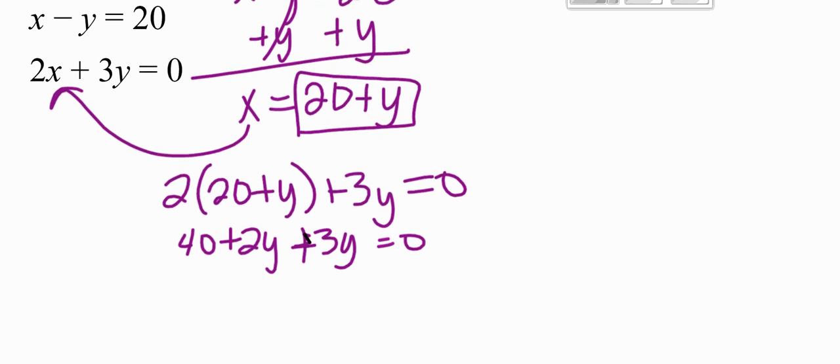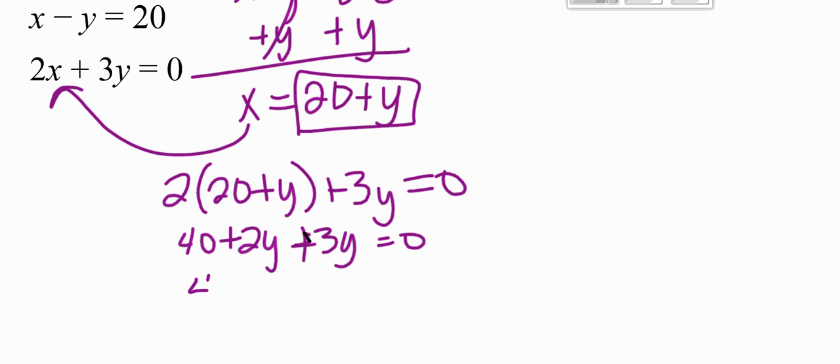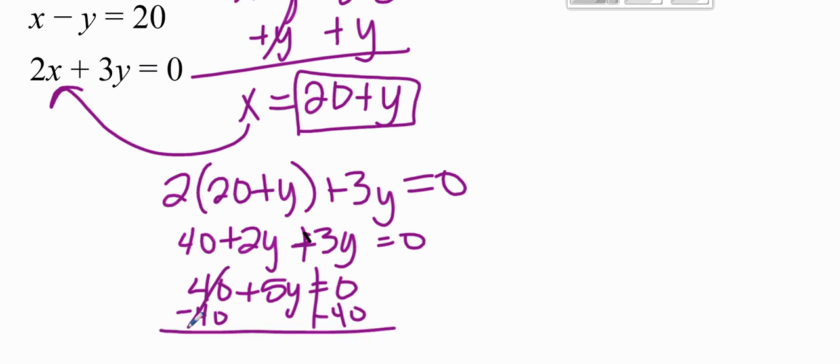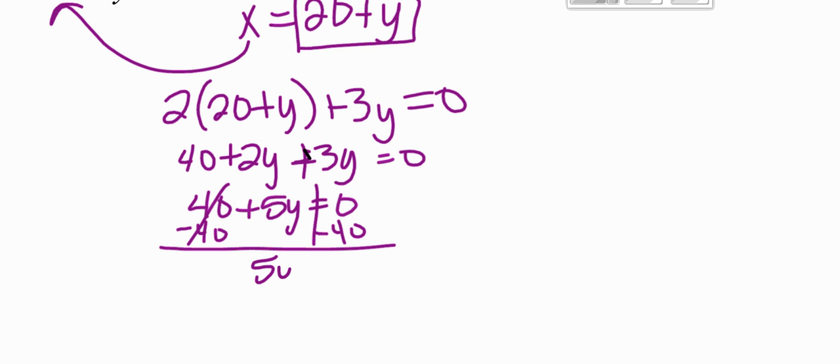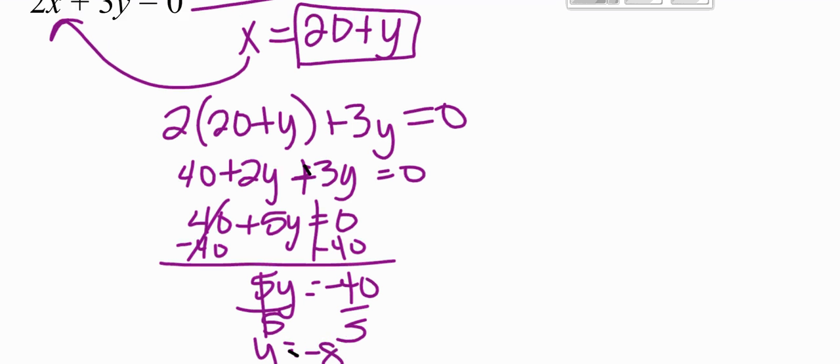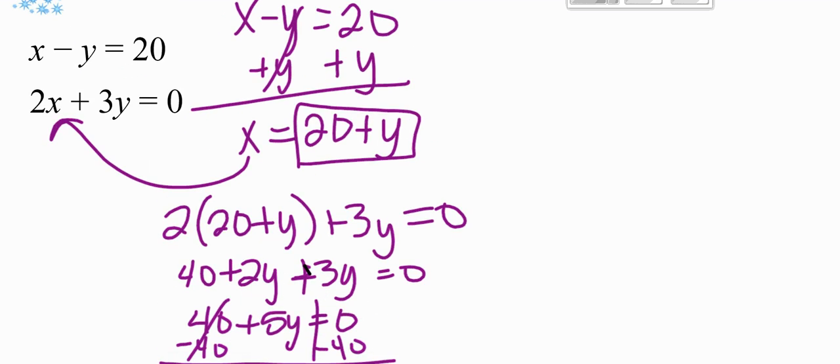So I'm going to have 40 plus 5y equals 0. Subtract 40. 5y equals -40. Divide both sides by 5. y equals -8. So I'm going to come back up here, and I'm going to have y equals -8.